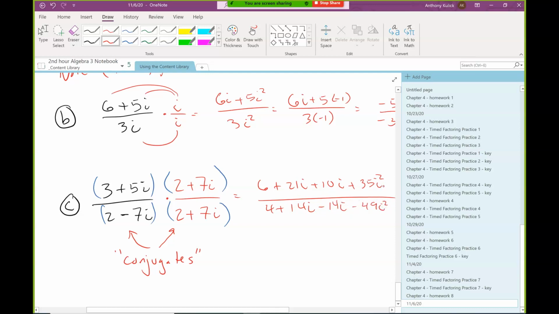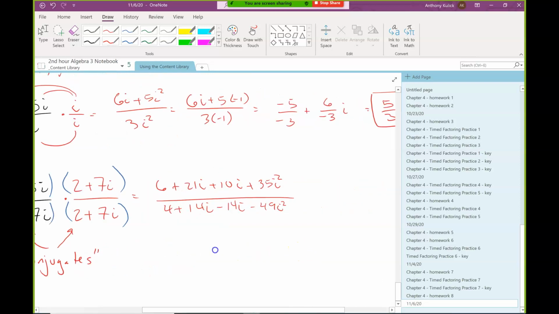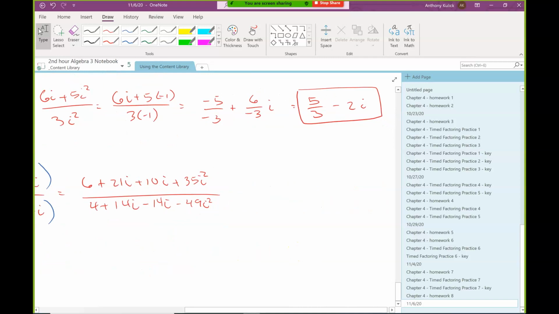Now let's combine like terms and replace our i squareds with negative ones. So 21 and 10 is 31i. And i squared is negative 1. 14i and negative 14i is 0. And we'll replace our i squared with negative 1. Notice what happened in the denominator? All the i's canceled out.